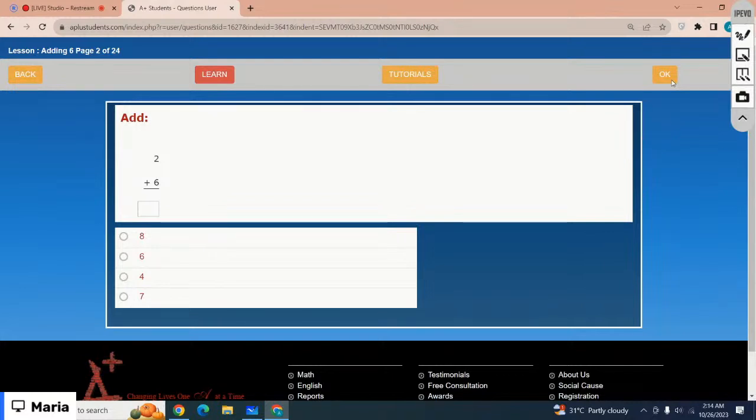Yes, the correct option is 8. 6 plus 2 makes 8. The correct option is 8.